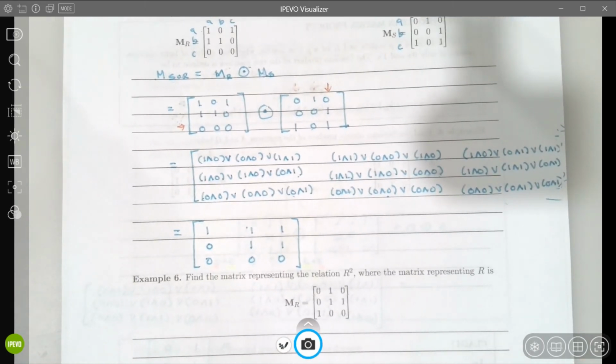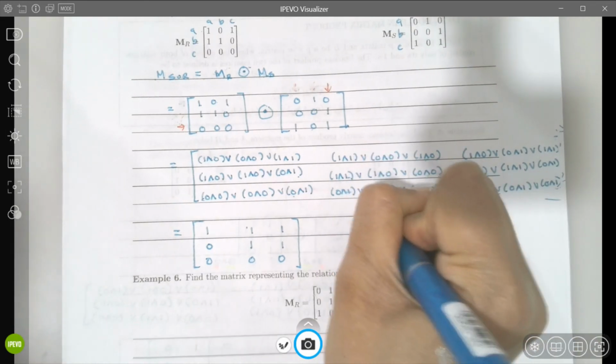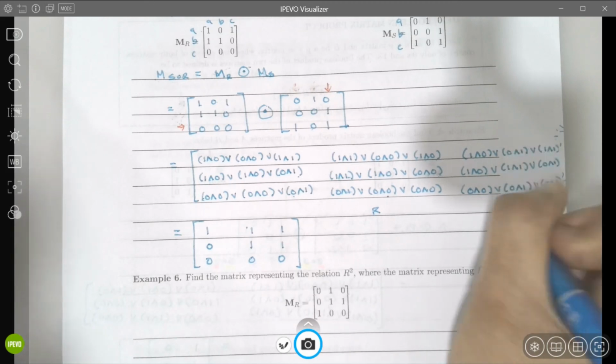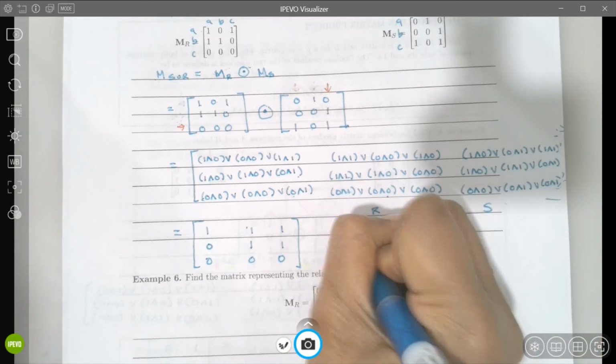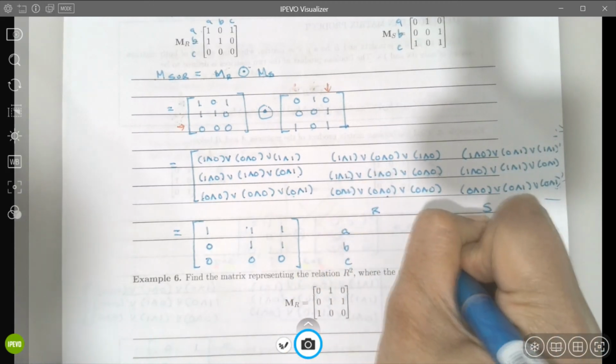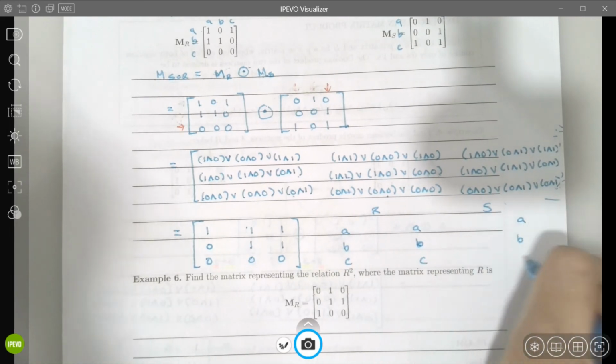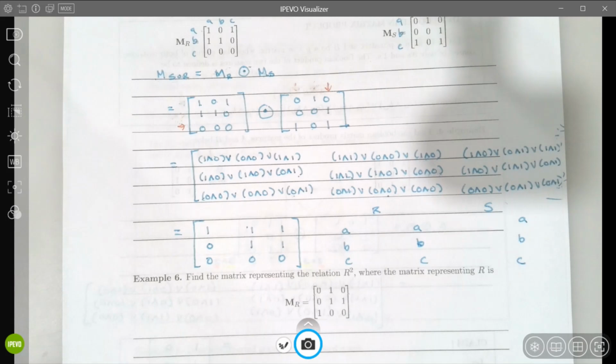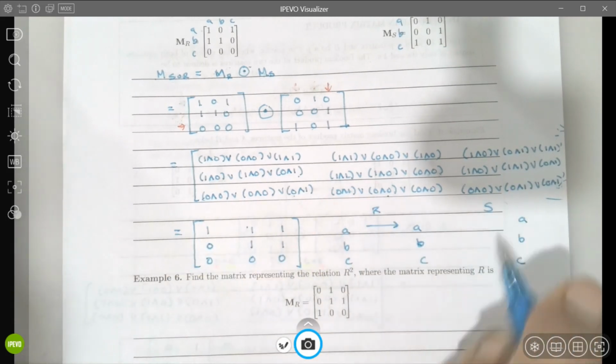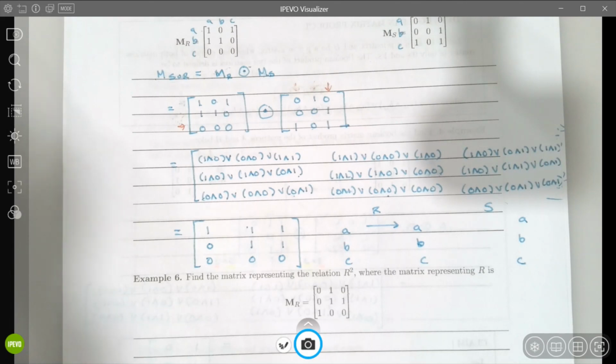So I'm not going to list all of them out, but I do encourage you to go through that process of taking the mappings of R and the mappings of S and seeing that you actually get these elements as part of the composite. So I'll get you started with it and then you can verify the rest.